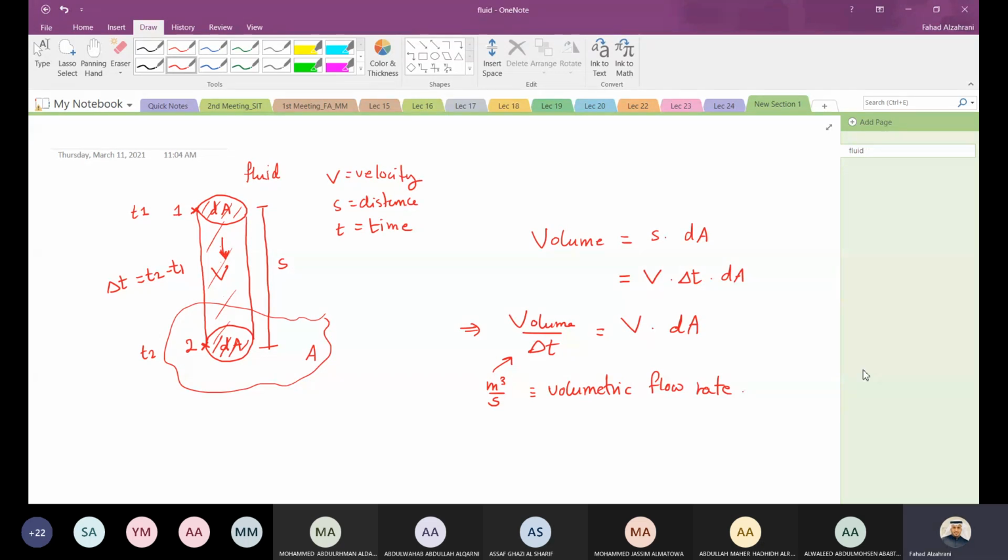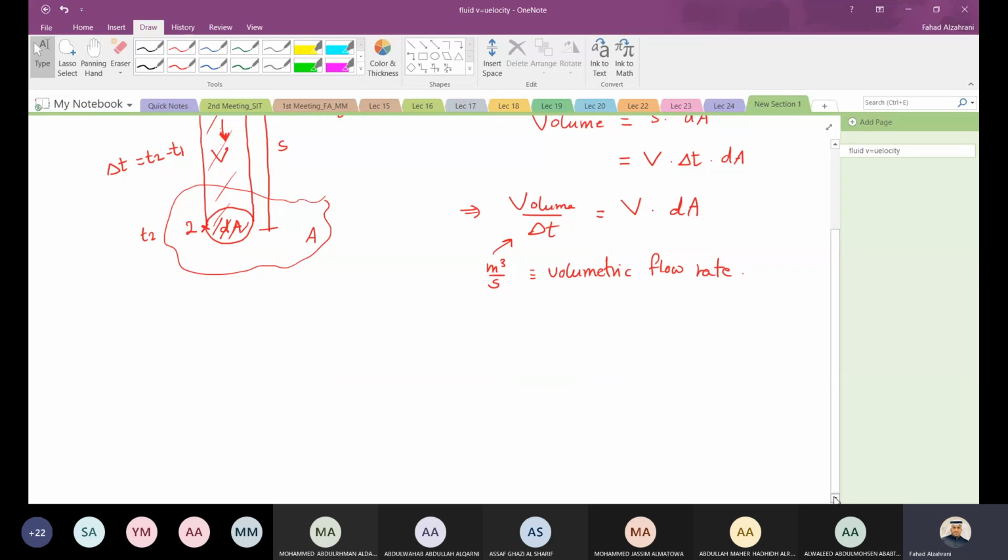All right. طيب, can I change the volumetric flow rate to mass flow rate now? What can I do to change the volumetric flow rate to mass flow rate? Multiply by density. يا سلام. الحين عندك الفوليوم, you can change it to mass using density. So density is mass over volume. فبالتالي I use this equation, so the volume becomes mass over density.